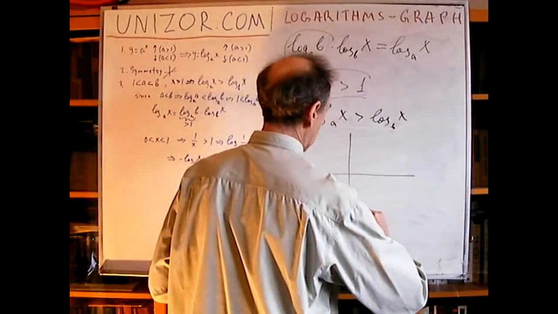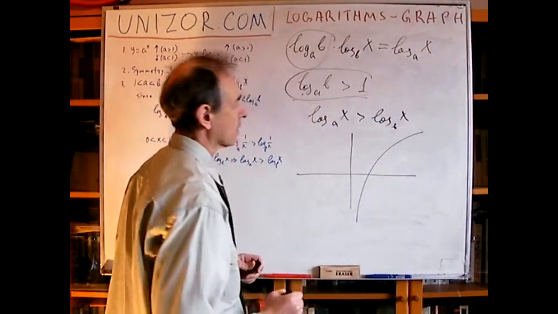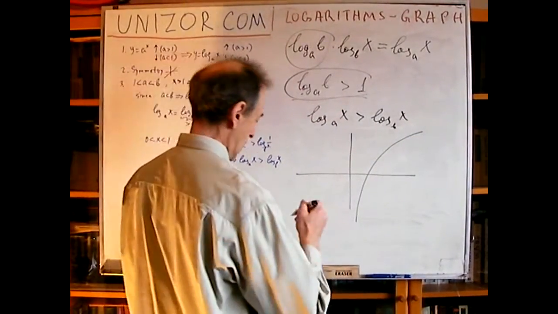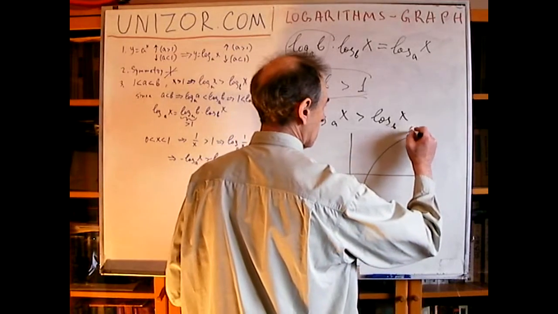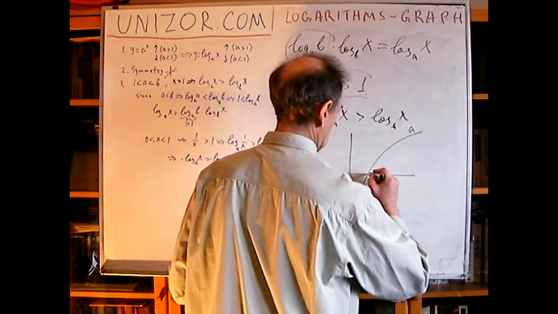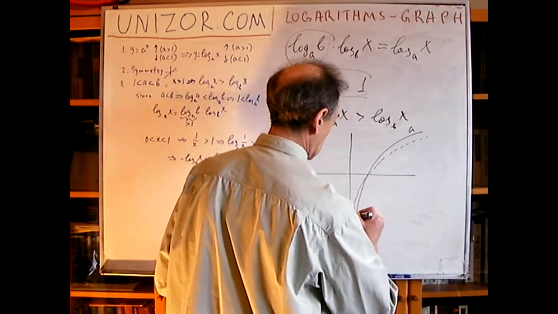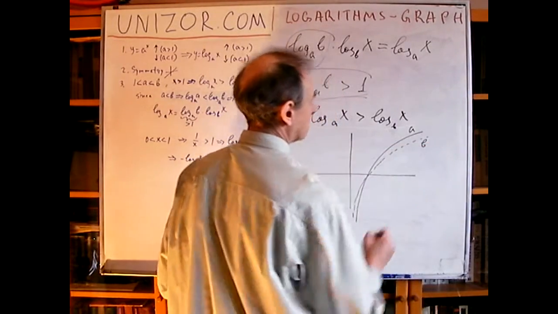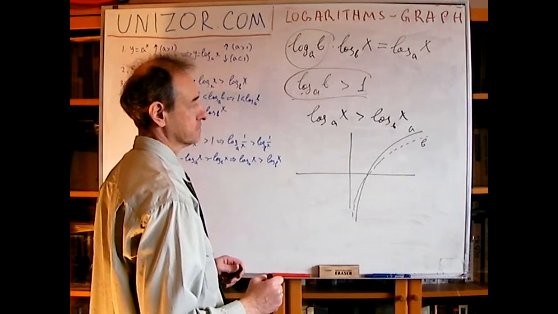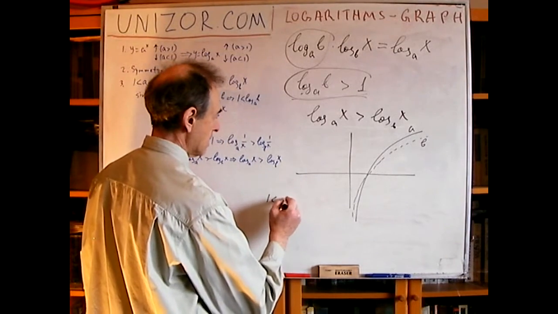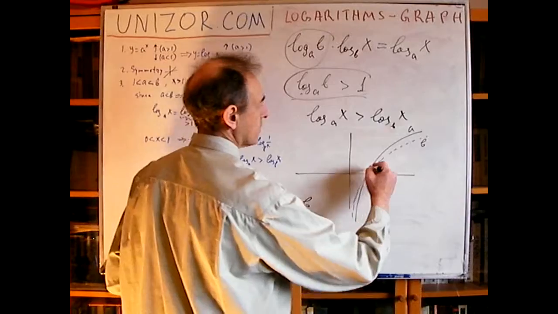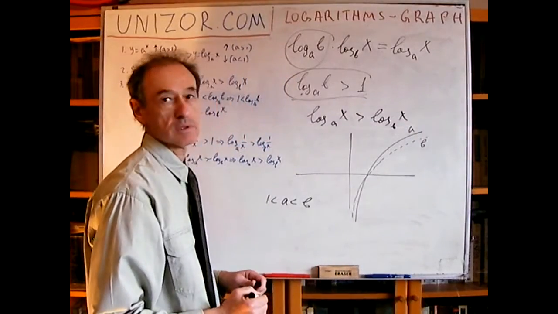That this graph of the logarithmic function, if I take a different base b, if a is less than b, then the logarithm goes above.